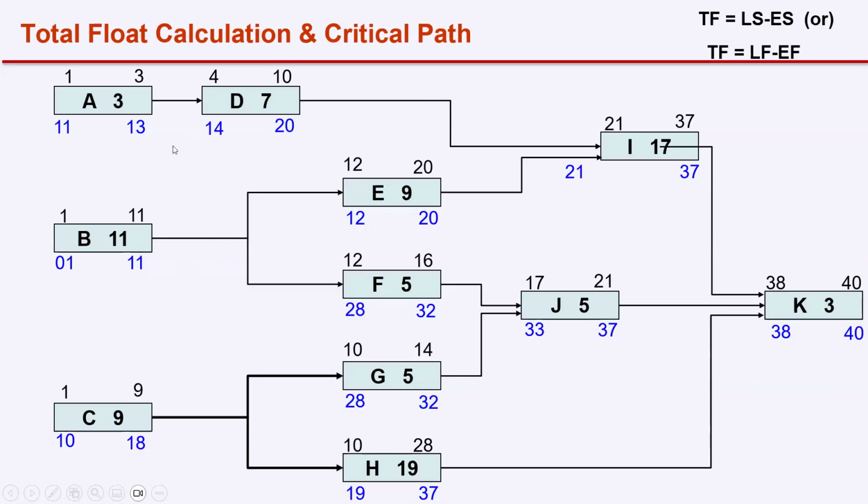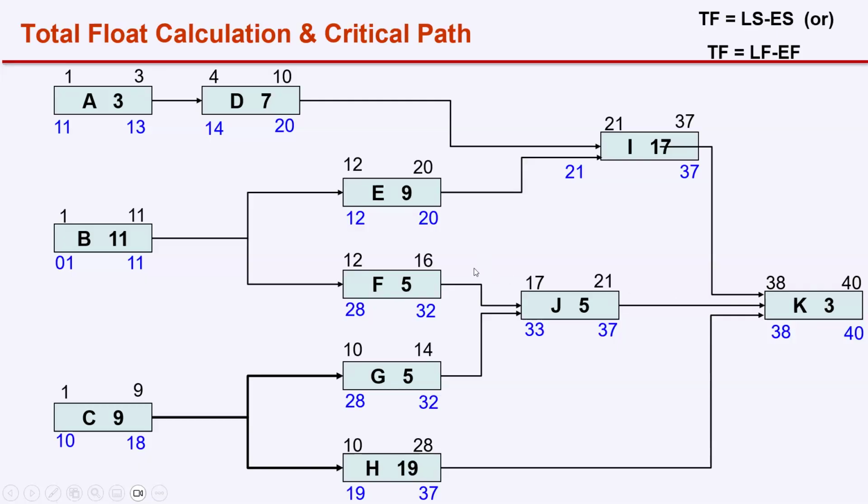As early as possible, we can start A on day 1, 3, 4, 10, 21, 37, 38, 40. In case you can't start A on 1, at the worst case, as late as possible, even if you start A on day 11, 11, 13, 14, 20, 21, 37, 38, 40, still you will finish this project on time. That is the flexibility you are knowing.